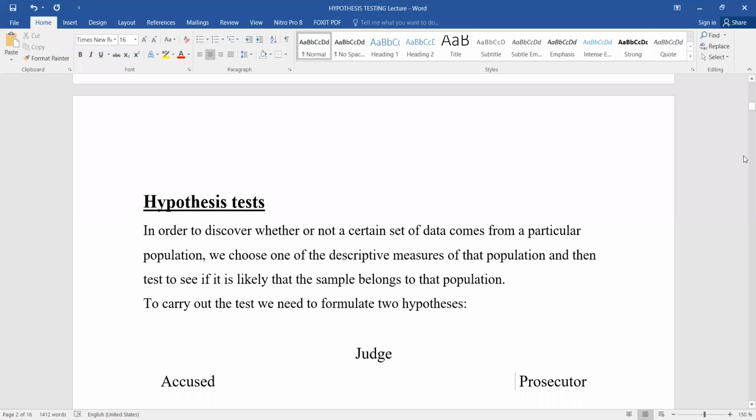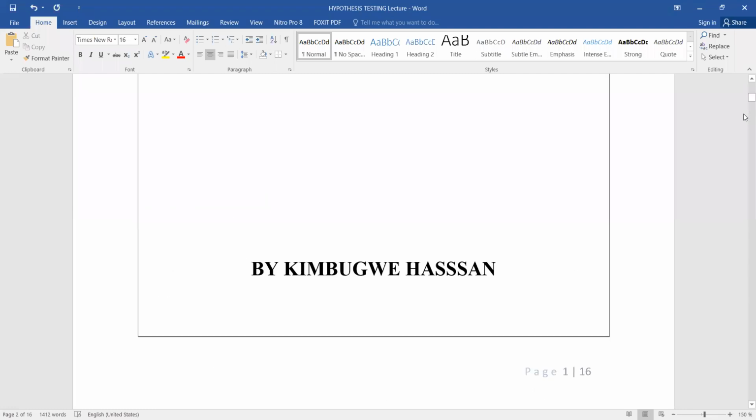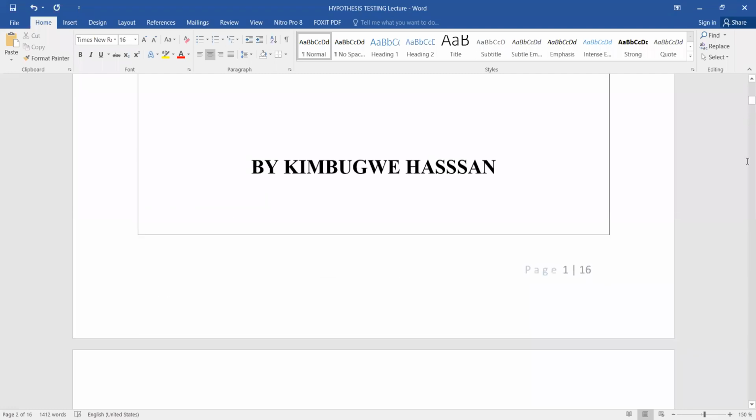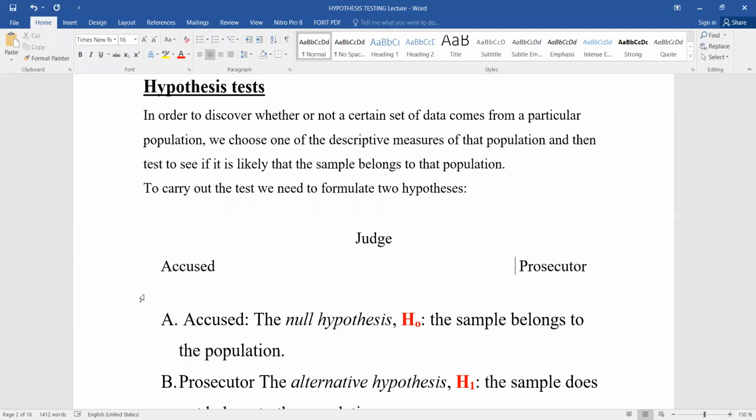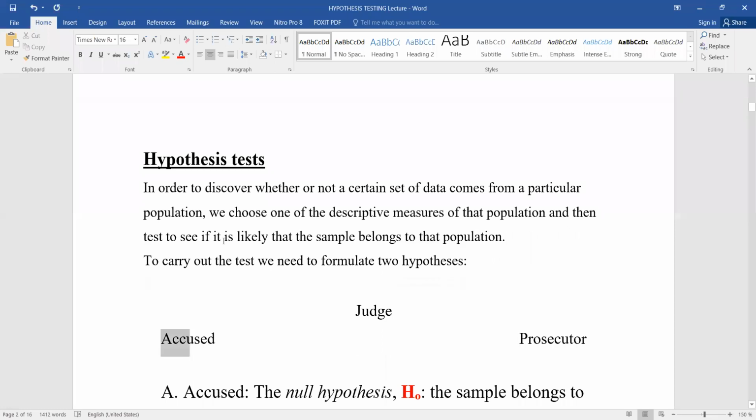Now, both of these will have to bring evidence. The accused will bring evidence, and also the prosecutor will bring evidence.